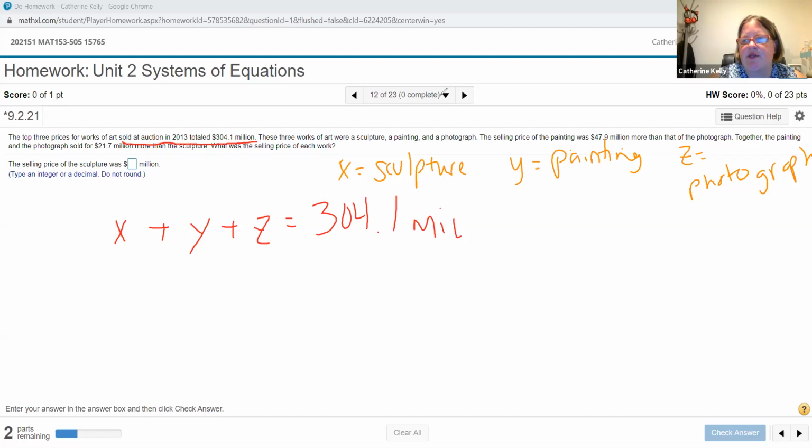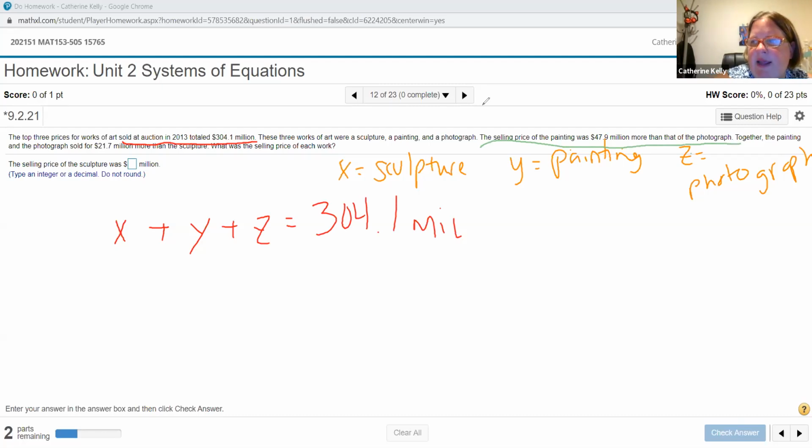So the first one, we already did that. And then we look and it says the selling price of the painting was $47.9 million more than that of the photograph.